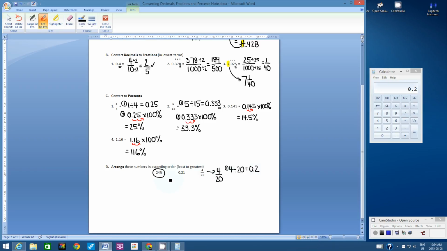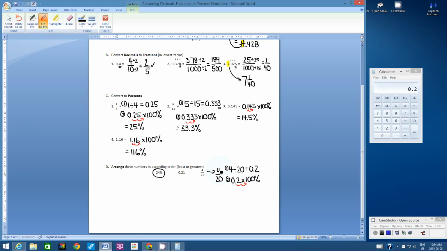Now we've got a decimal and we want to make it a percent. So what do we do at this point? We take our decimal and multiply it by 100%. Okay? So that's very easy to do. We move the decimal place 2 places to the right.